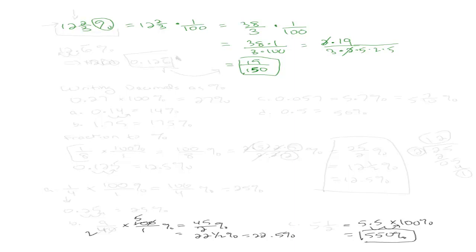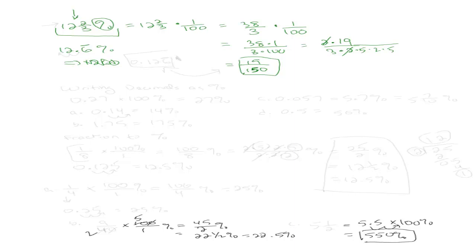Good question. Another way you can do these, if you don't like the mixed number, is just convert it to decimal. 12 and 2/3 is the same thing as 12.6 repeating. We should know how to do this because for our quiz today, we should know how to divide fractions and convert them into decimals. And this 12.6 repeating, to convert this to a whole number, I just move the decimal point to the right twice.